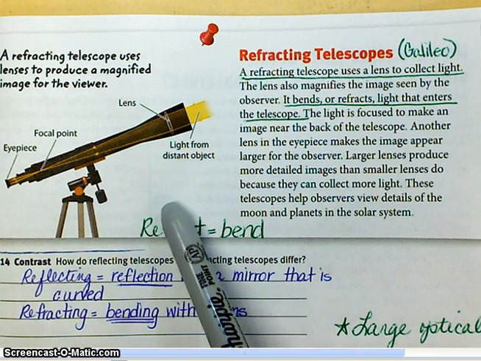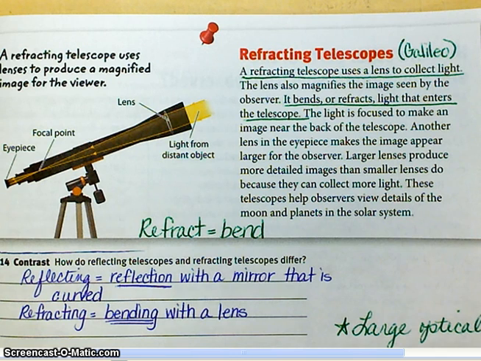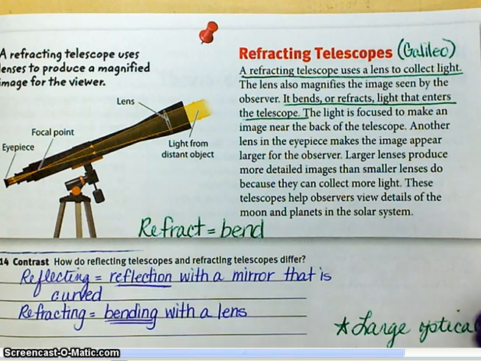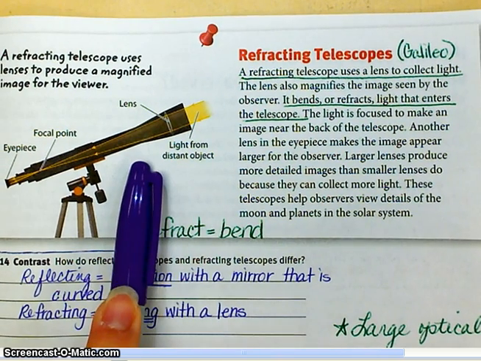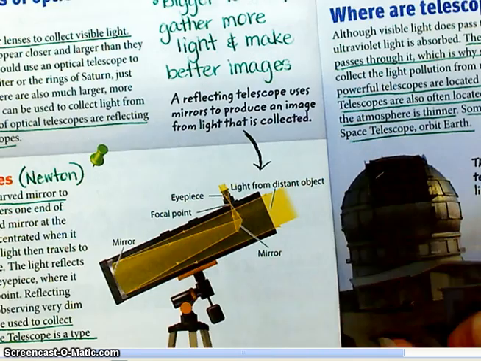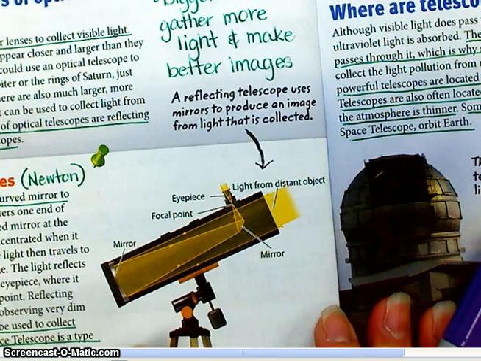This type of telescope was developed primarily by Galileo. He was the first one to look at Jupiter and see that Jupiter had little bitty moons orbiting it, things like that. Okay, so the big difference, once again, a refracting telescope uses a lens to focus light, whereas a reflecting telescope uses a mirror to focus light.